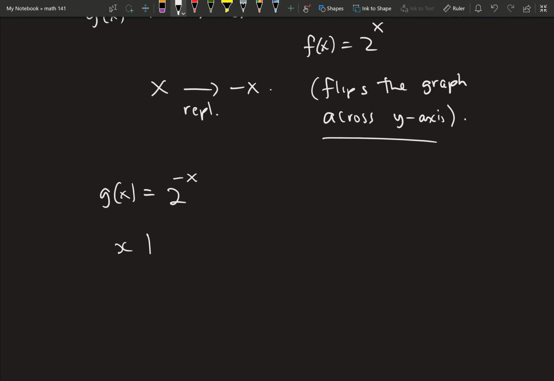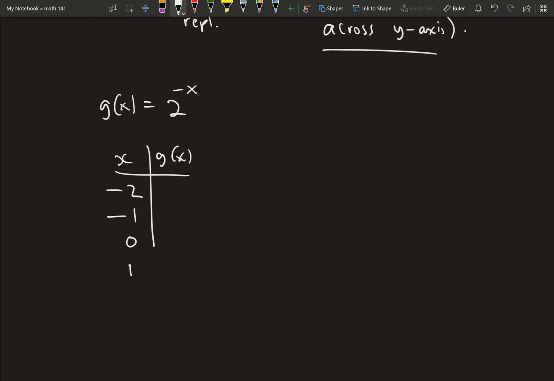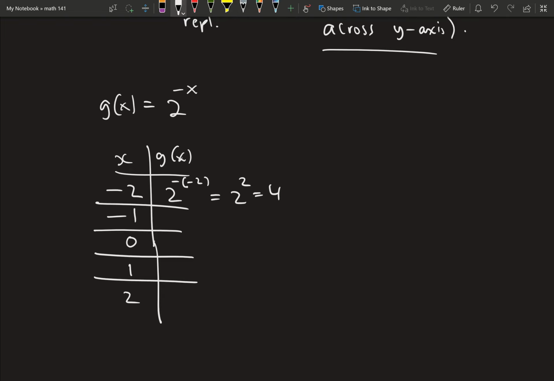Let's plot some values of x. Let's do negative 2, negative 1, 0, 1, and 2, and that'll give us the general feeling. So at negative 2, we have 2 to the minus minus 2, which is 2 squared, which is 4.